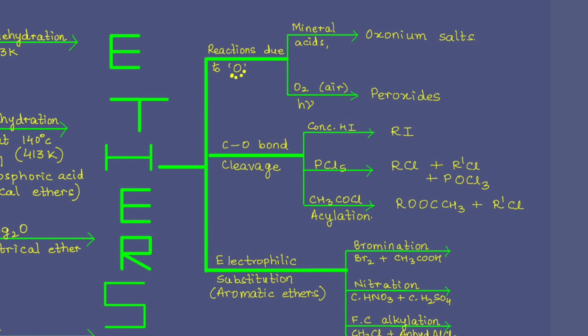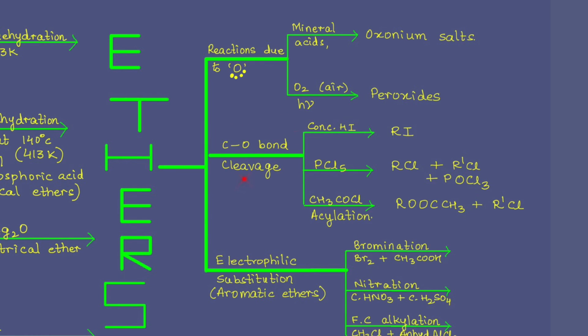Colors leave a stronger impression on the mind. So if you close your eyes, you will remember this flow chart for its neon colors, the bright green and the yellow, the neon, right? I think that's what it's called. Okay. Now, reactions due to ethereal oxygen are two, with mineral acids and with oxygen in the presence of light.